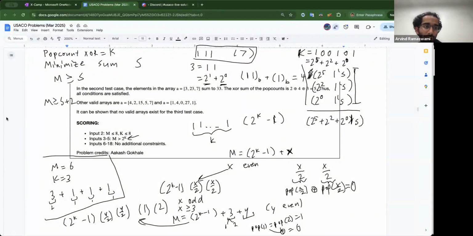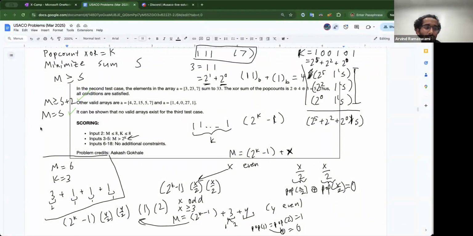So the case where M is at least S plus 2, we're good here. Another easier case is M equal to S. We're also good here: we output the construction that gives you the sum S.